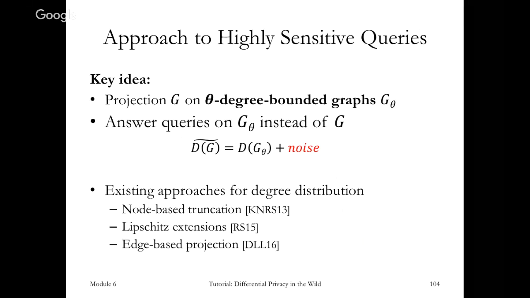The flow of the edges can be used to estimate the degree distribution. The third approach is more recent work from last year's SIGMOD, which uses edge-based projection. It initializes the graph with empty edges, and then inserts edges so that the node's degree does not exceed theta.